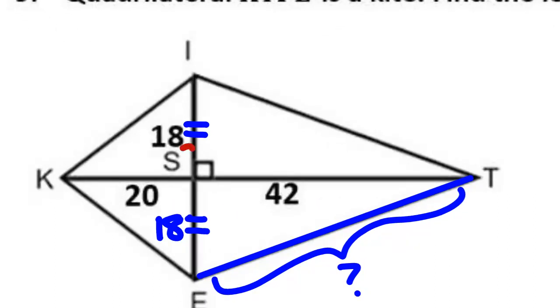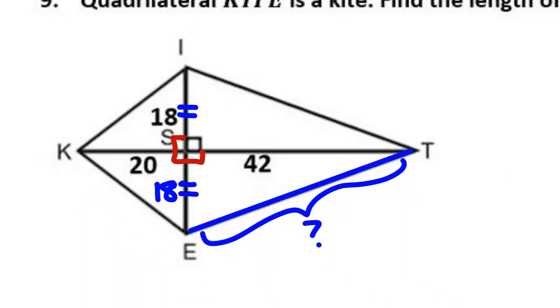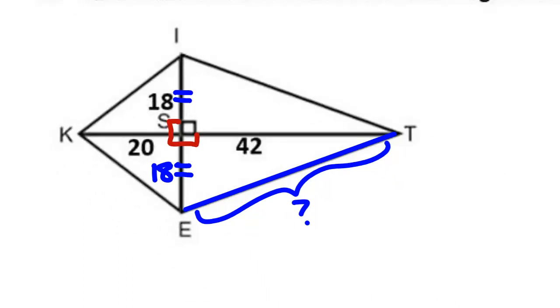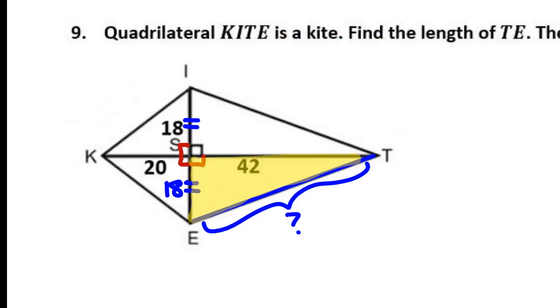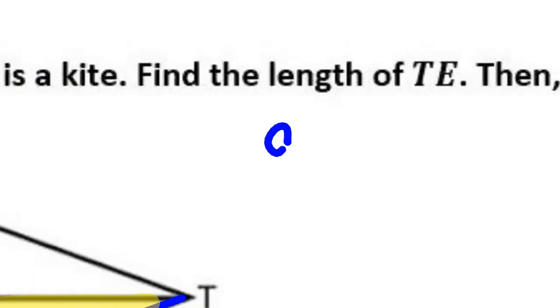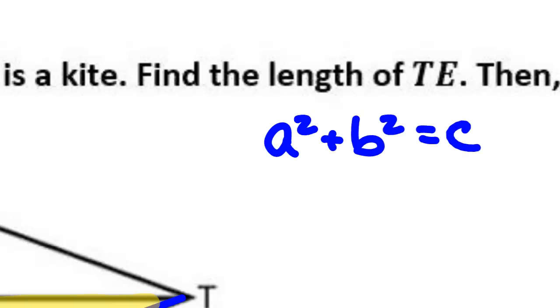Because this is a kite where my diagonals intersect each other, it is forming 4 right angles because they are perpendicular to each other. So I can look at this right triangle right here, and I can use the Pythagorean theorem to help me find the length of TE. So a squared plus b squared equals c squared.